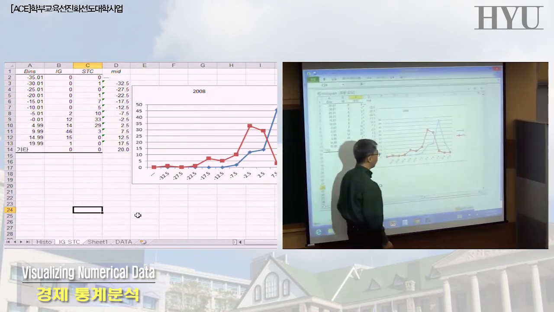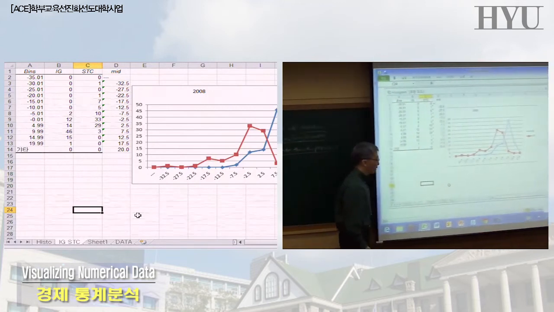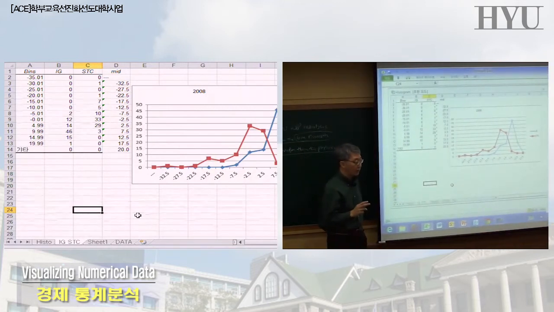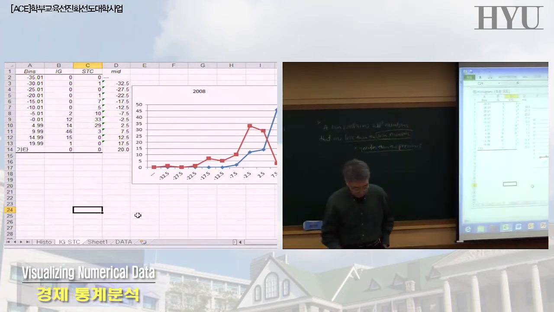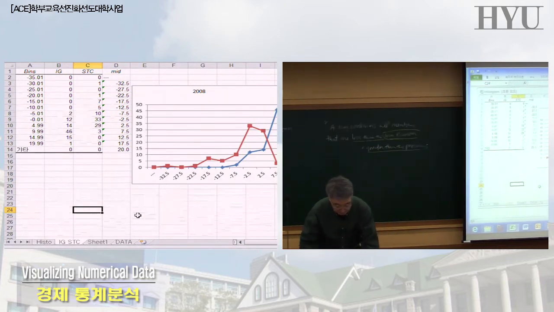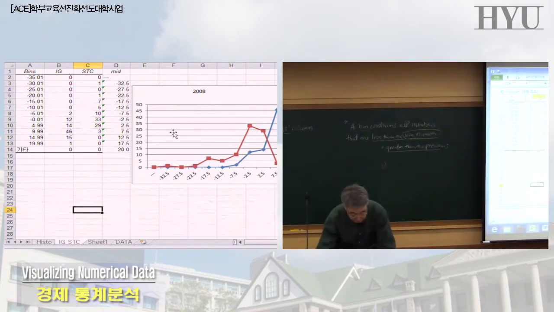So by putting two graphs together, you can make quick comments, you can make a quick comparison of the distribution. Well, you have to create bins like this and create the midpoints that we did already.